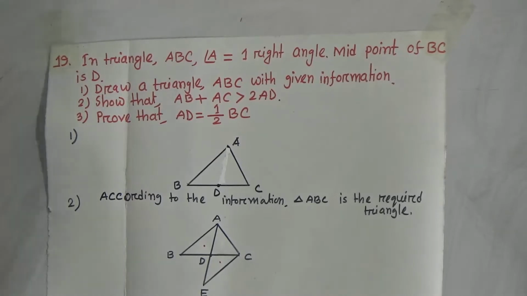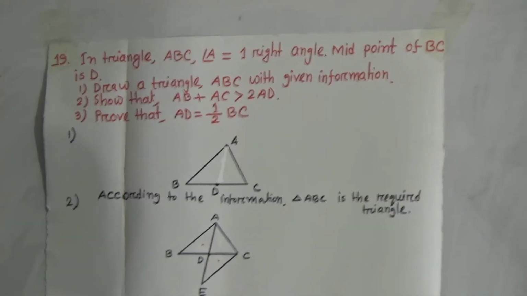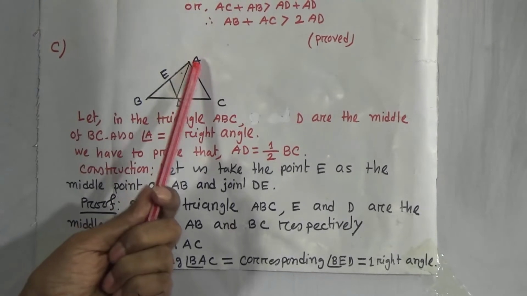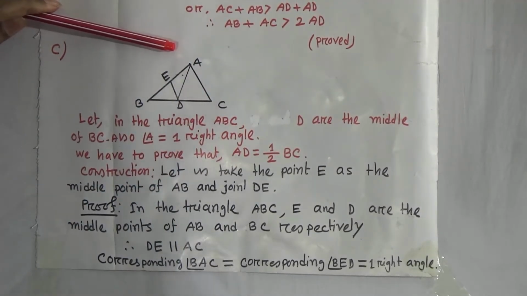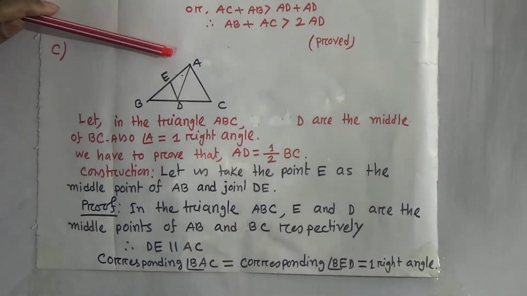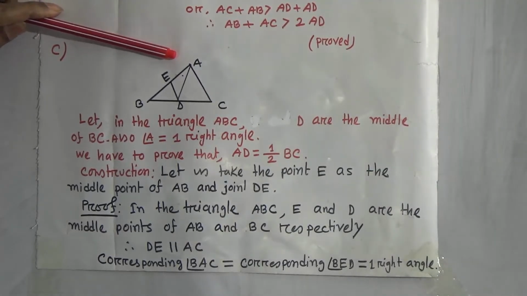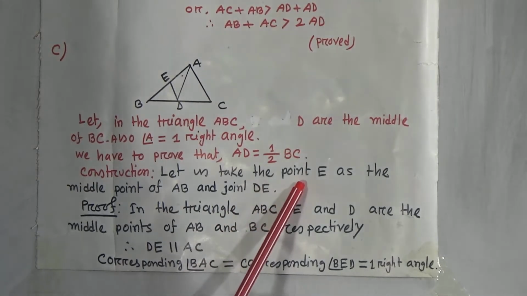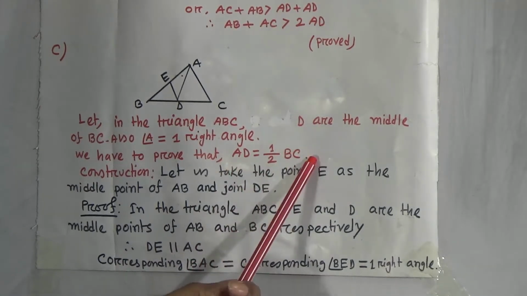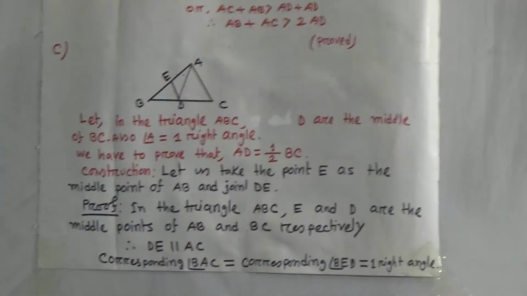Look, in triangle ABC, D is the middle point of BC. Also angle A is equal to what? One right angle. We have to prove that AD equals half of BC.